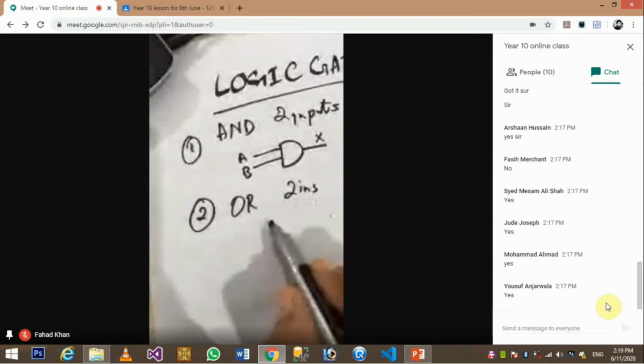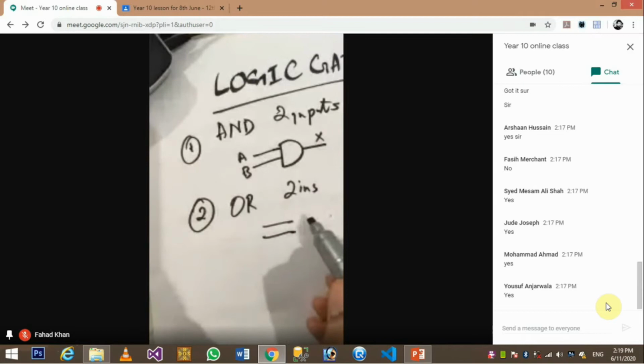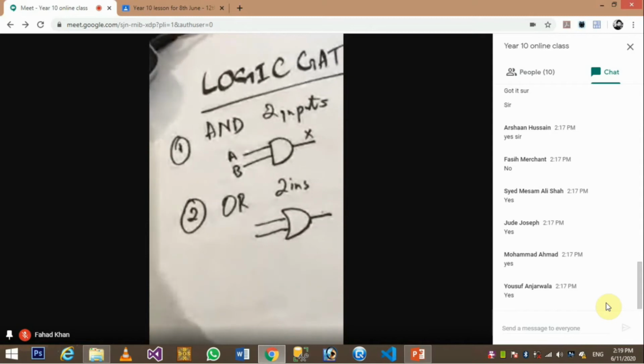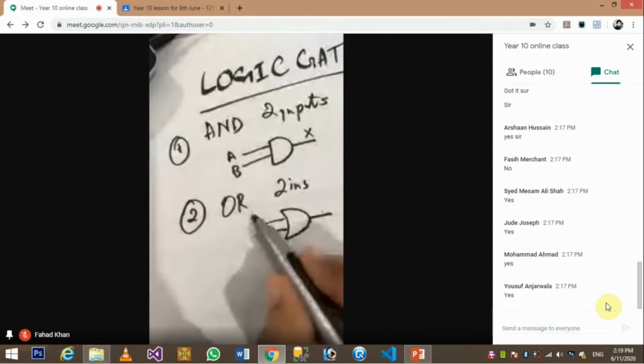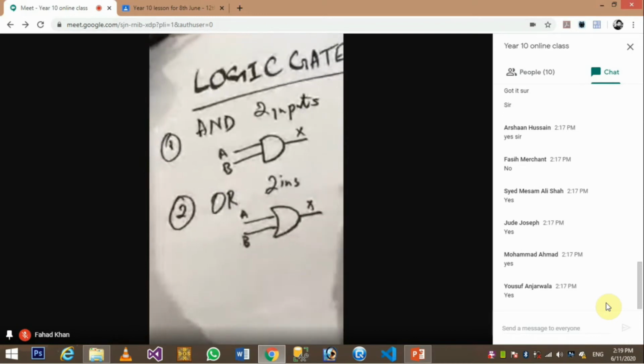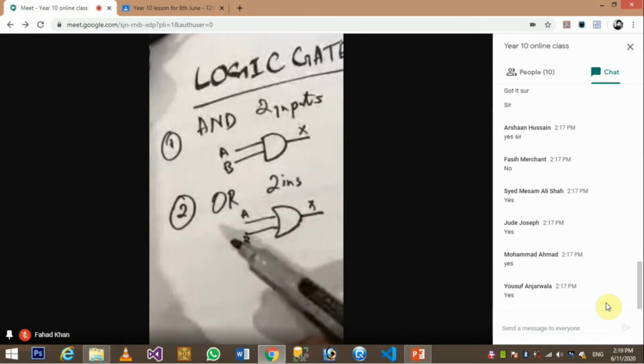So two inputs, and the OR gate would be like this. It has one output that can be named as A, B, and X. It's up to you, you can assign any name to it. So that's the OR gate.